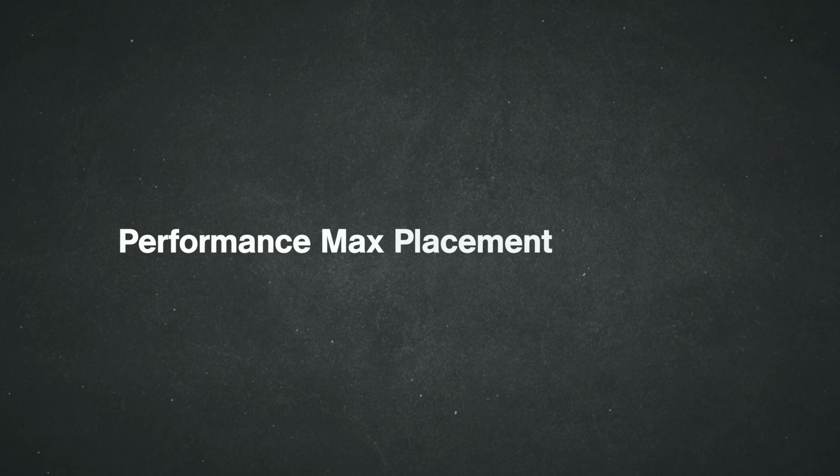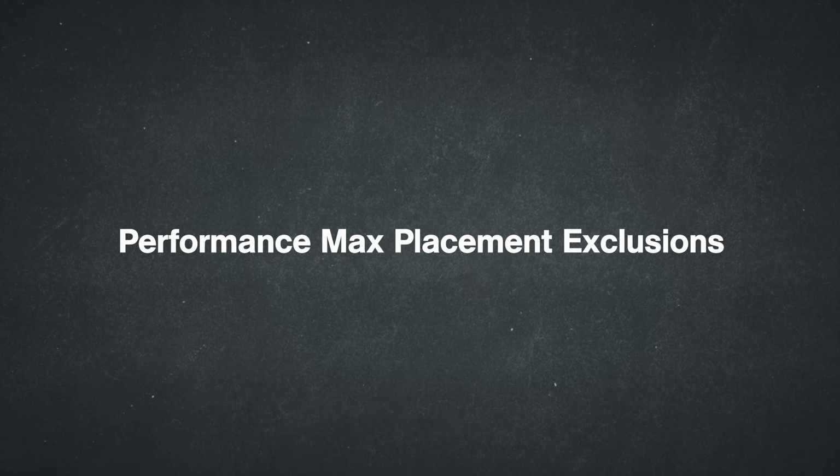Now, the third suggestion I have is using Performance Max placement exclusions. Now, this is really cool because it gives you a level of control over your Performance Max campaigns. And what it allows you to do is exclude your ads from showing on low quality placements.